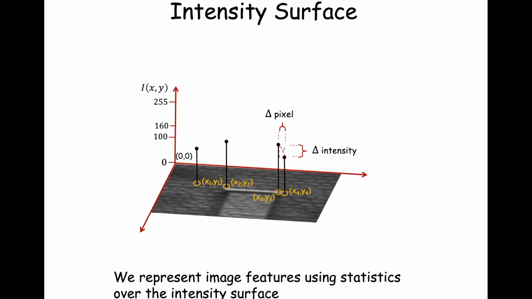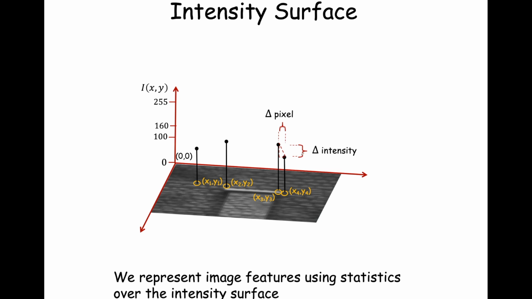And so if we were to measure the slope, rise over run, for the span of pixels across which we walk, as well as the change in intensity, slope is rise over run. So the rise, well, in this case, it's negative because it goes down in intensity. And the run is going to be the difference, how many pixels we walk from x3, y3 to x4, y4 in image coordinates.